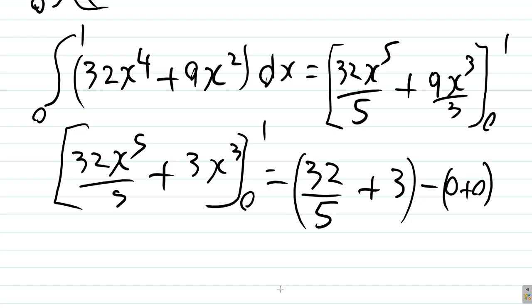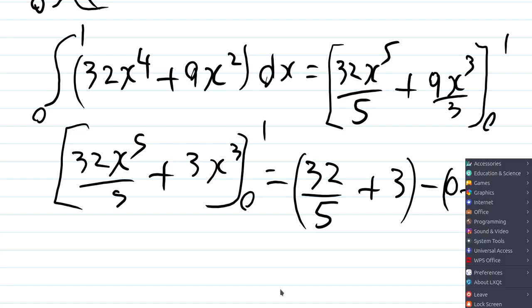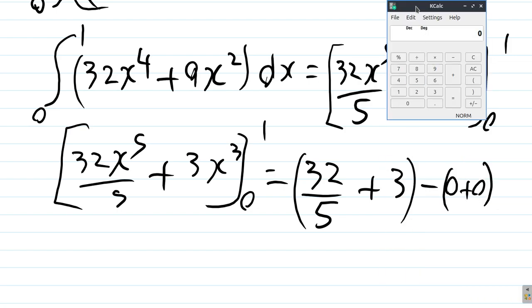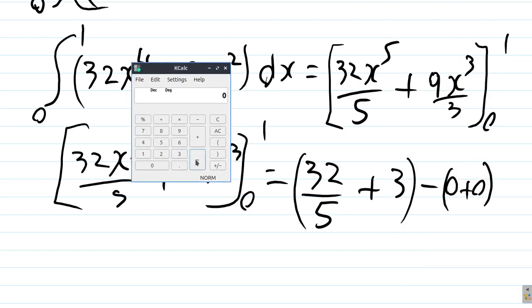So 32 divided by 5 plus 3, what does that give us? Let's take our calculator. It's going to be 32 over 5 plus 3 equals.